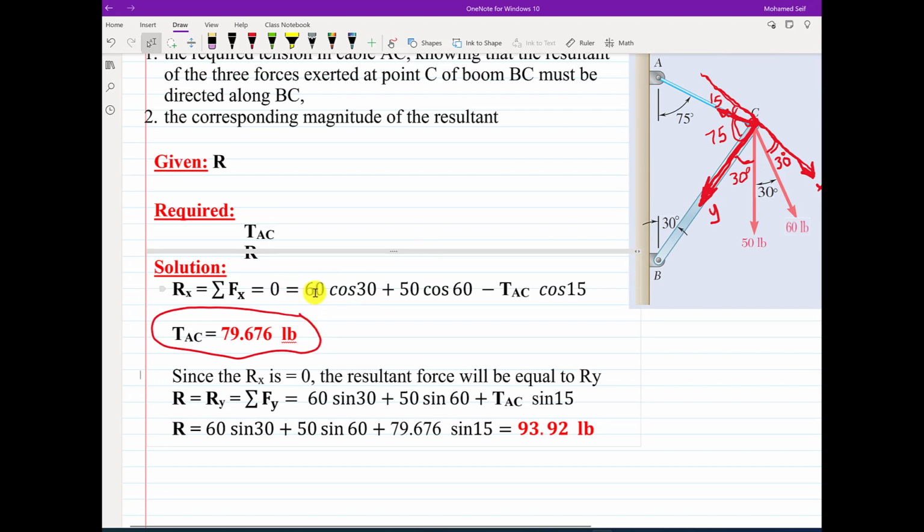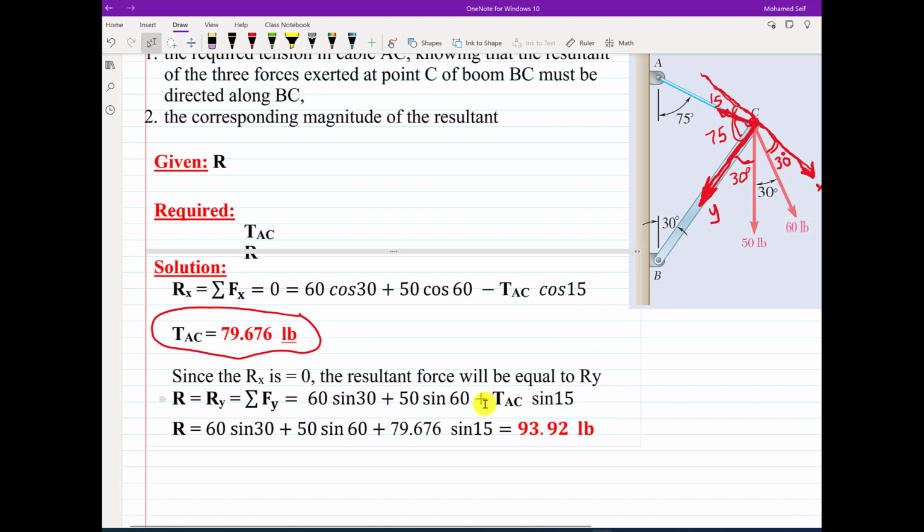So instead of 60 cosine 30, it's going to be 60 sine 30, and cosine becomes sine, so 50 sine 60 instead of 50 cosine 60. Plus, because it's in the positive sense in the Y direction, it's going to be TAC sine 15.